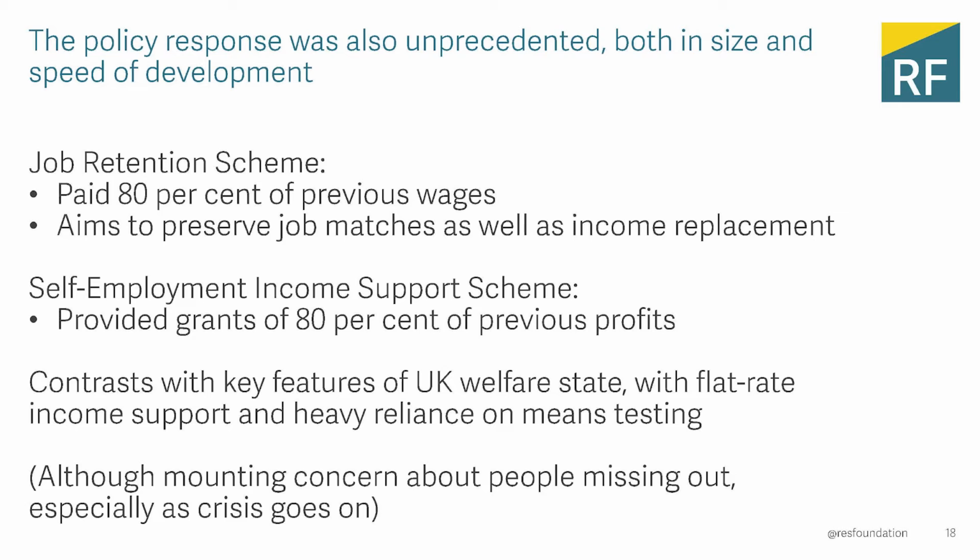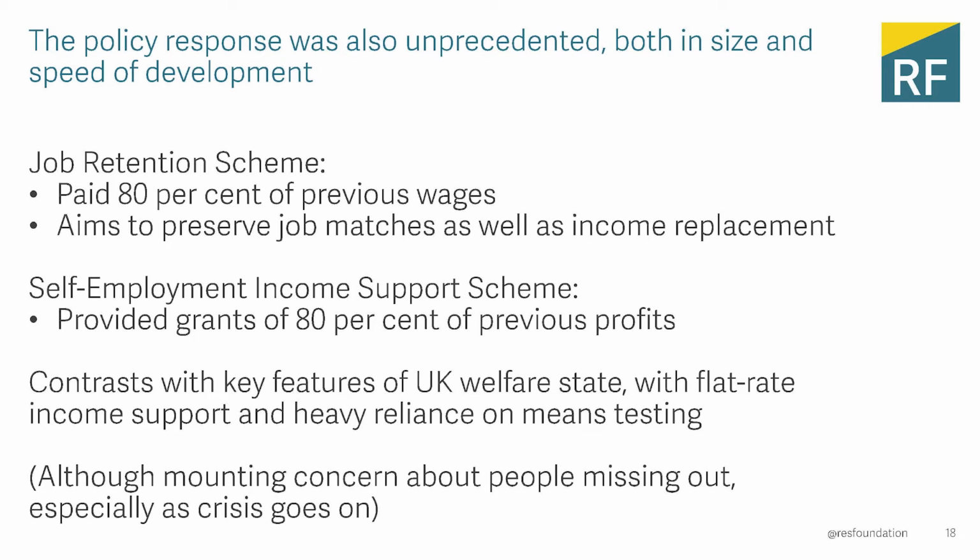The two key ones being the job retention scheme or the furlough scheme, which pays up to 80% of your previous earnings, and the other one being the self-employment income support scheme, grants to self-employed, also providing up to 80% of previous profits, although with quite a lot of restrictions and exclusions, which we might come back to.